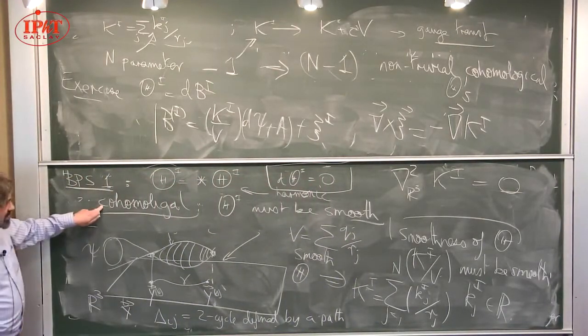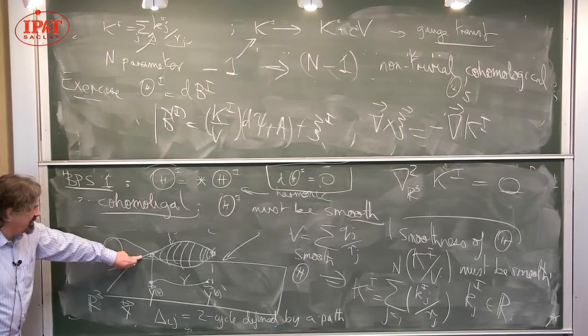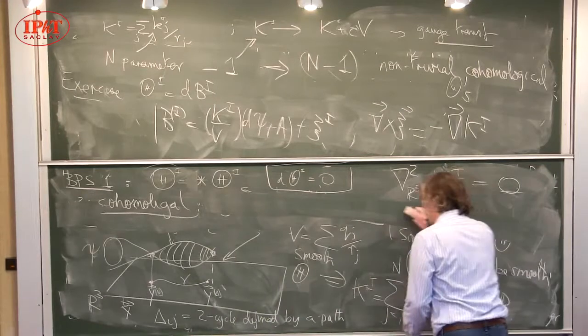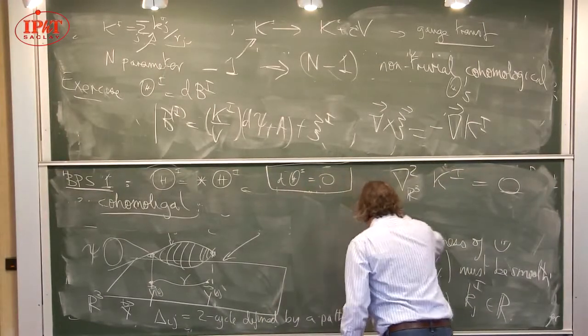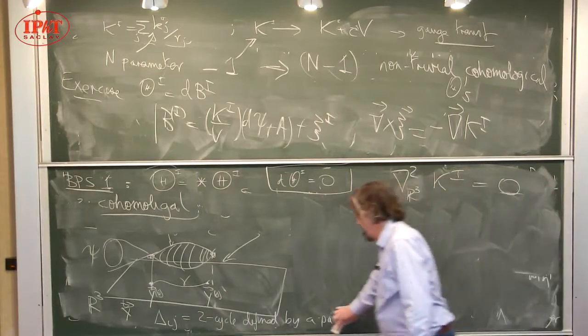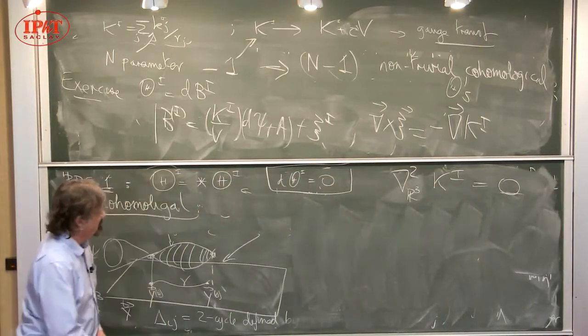I claim that this is the homology, and this is the cohomology, and they have to be dual to each other. So that means you should be able to integrate one over the other, and of course you can.